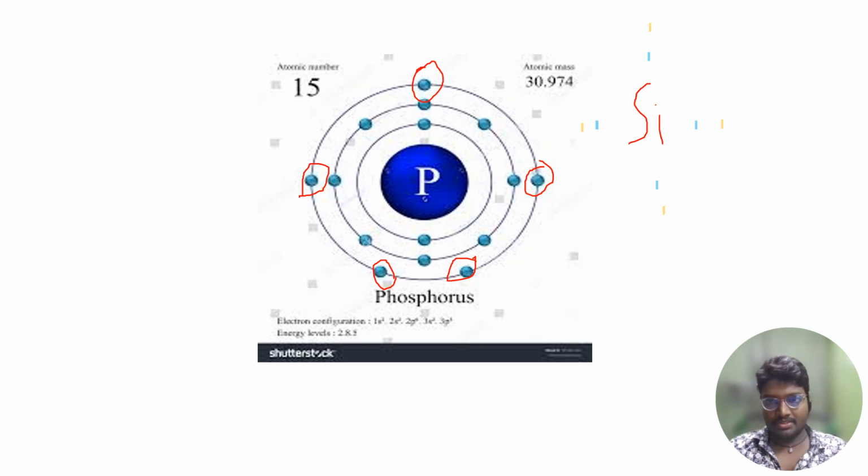Whenever there is pure silicon and we add phosphorus into the silicon, then 4 electrons of phosphorus and silicon form covalent bonds, and one extra electron present in the phosphorus is free from the bonding.